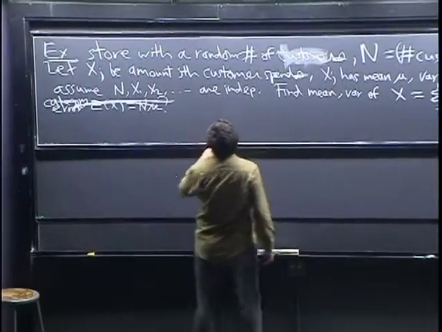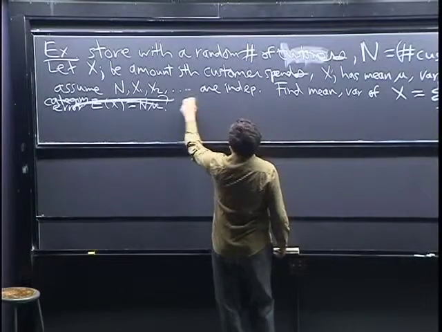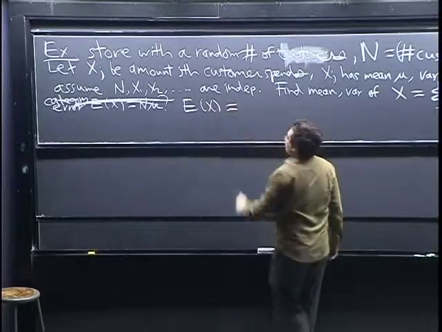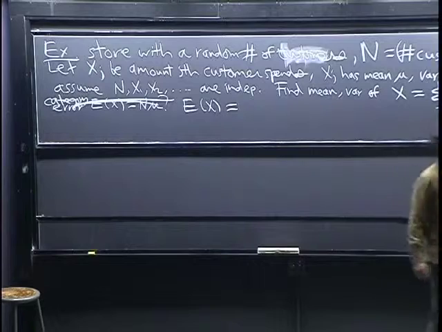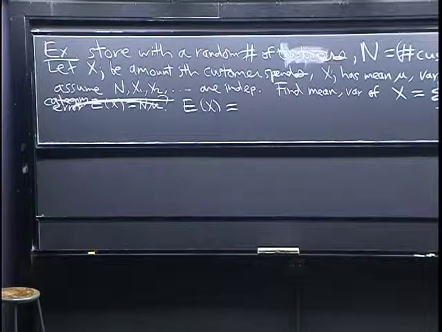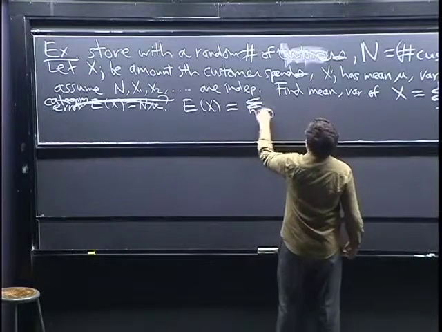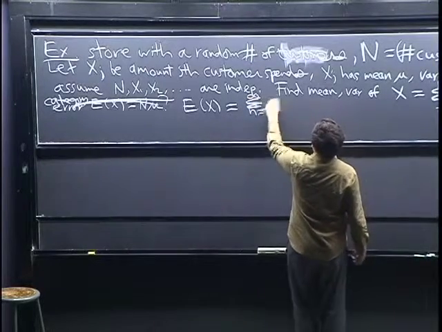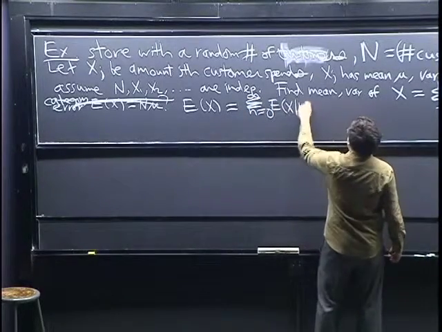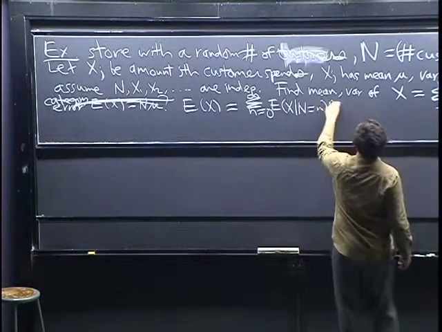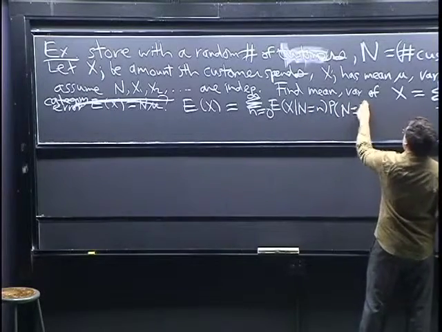So condition on n, that just means we'll write E of x. I'll do this in two different notations. It's the same thing. We'll do E of x equals, by conditioning, analogous to the law of total probability, the expected value of x given big N equals little n times the probability that big N equals little n.